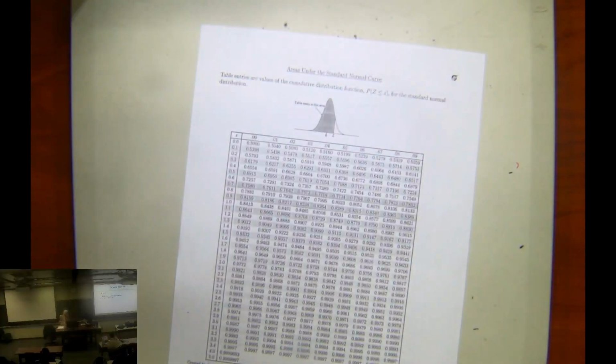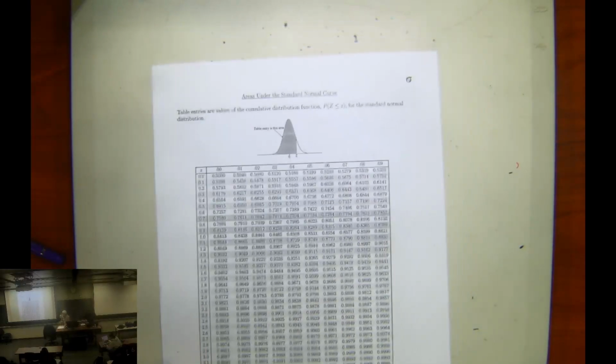Let's start off with the probability Z is less than 1.25. I want the probability Z is less than 1.25.